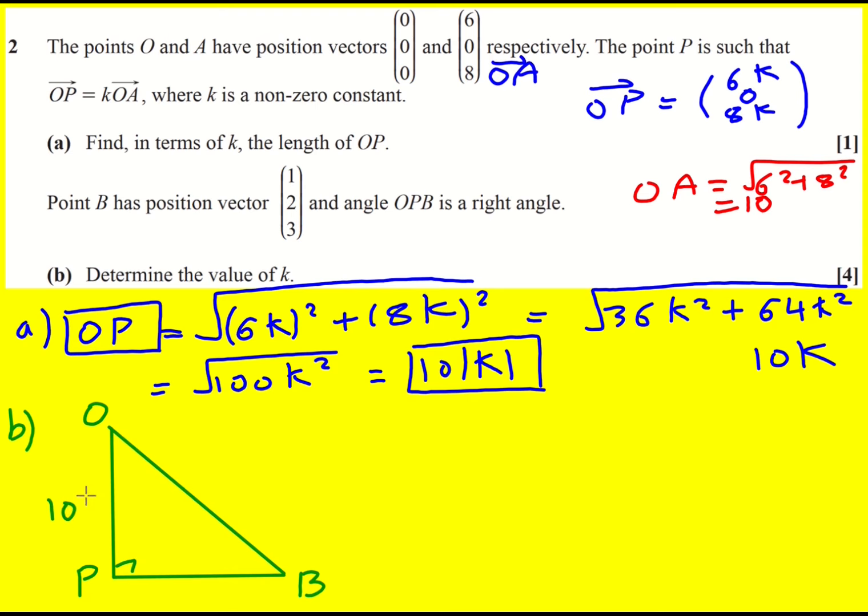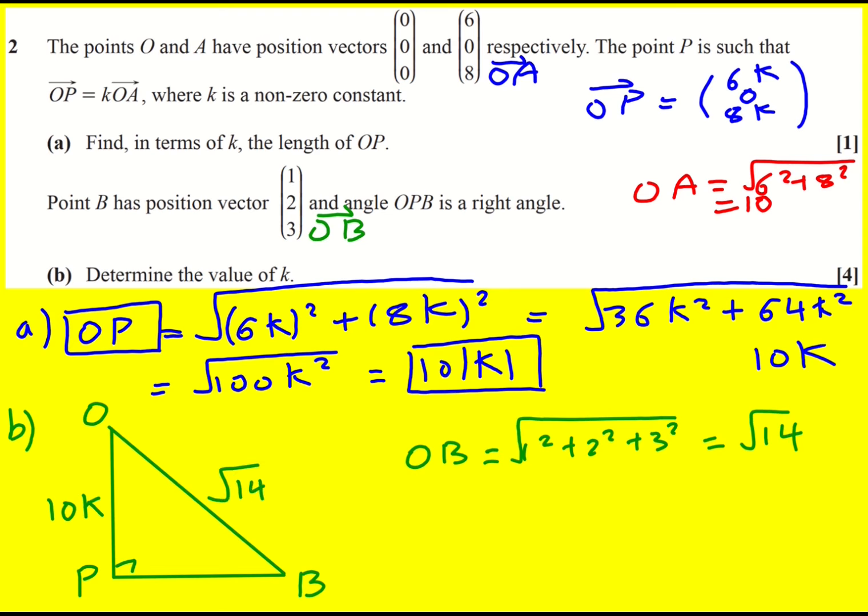Here we've got 10 times the modulus of K. I'm just going to write 10K for the moment. And I can also work out the length OB, because the position vector is essentially OB. So it'll be 1 squared plus 2 squared plus 3 squared, square rooted, which gives root 14.